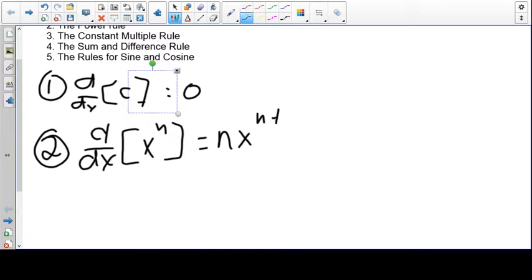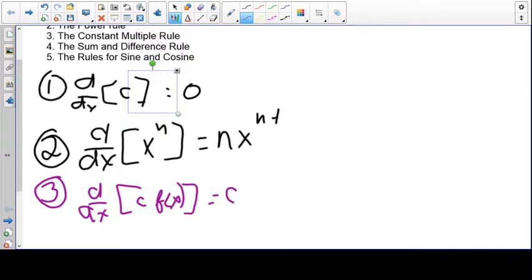That third one, the constant multiple, we saw this yesterday. d over dx of c times f of x is equal to c times f prime of x.